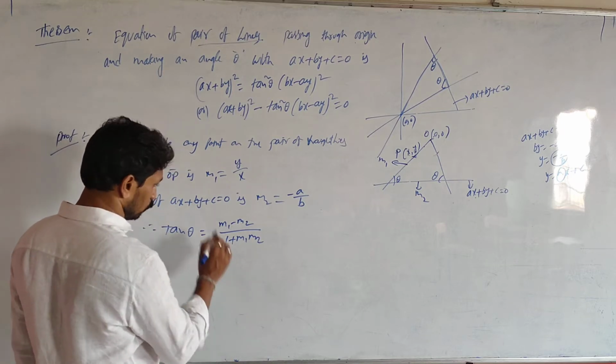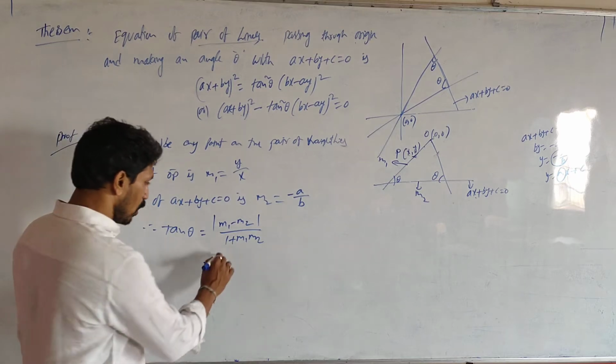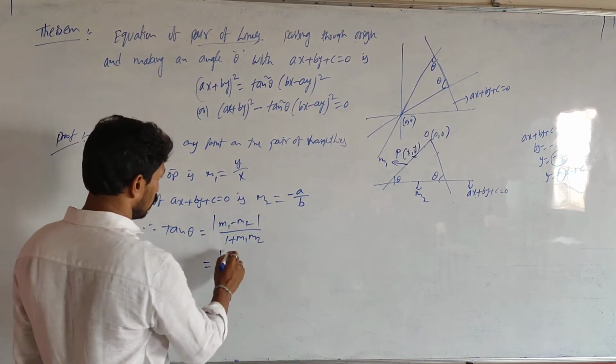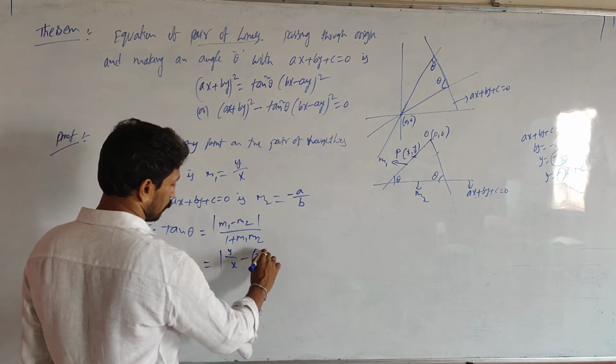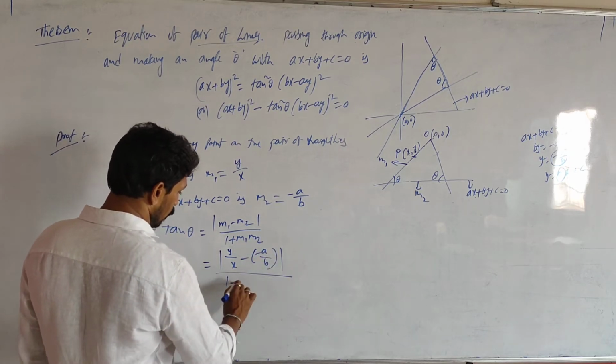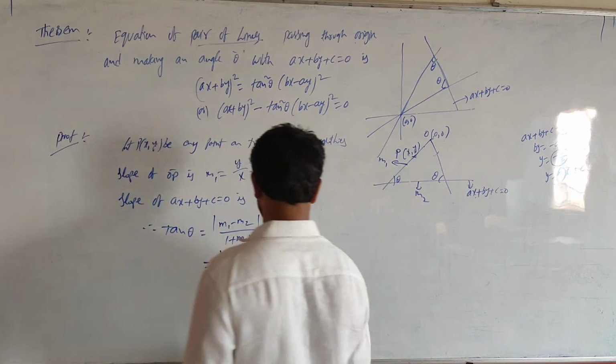So this is equal to, in general you have to take the modulus of, what is m1 here? (y/x − (−a/b)) / (1 + (y/x)(−a/b)).